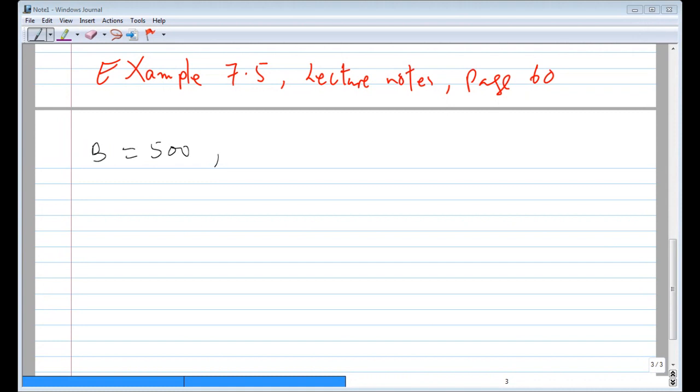Like, for example, the number of clusters in the population, which is the capital letter N. It was given to be what? Those who were with me before, what was our population size on example 7.2 on page 58?